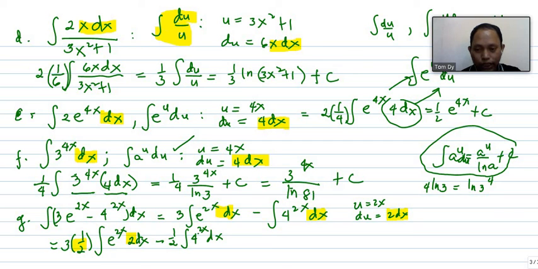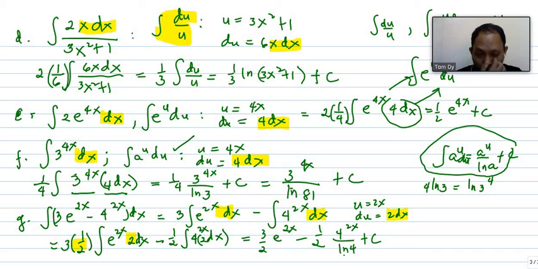Remember, this 2x equals our u. Derivative of 2x equals 2. So we will have here 2 and then 1/2. Okay. So our final answer will be 3 over 2, and then this is e to the u. That means e to the 2x minus this one is 1/2, and then a to the u, that is 4 raised to 2x over ln of 4 plus c.